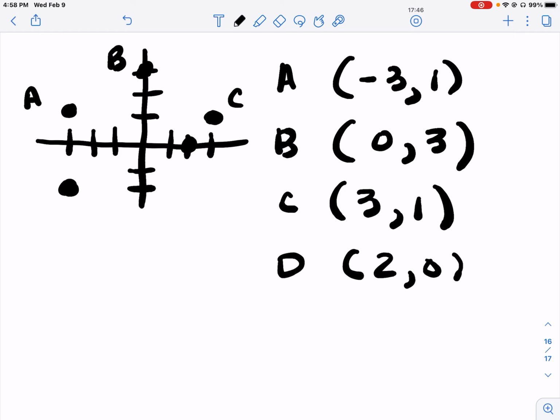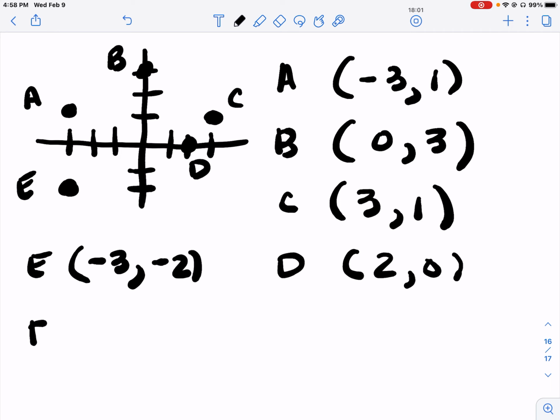This is C, that's D. Okay, this is point E. E is left 3 and down 2. F was right 3, okay, right 3 and down 2.